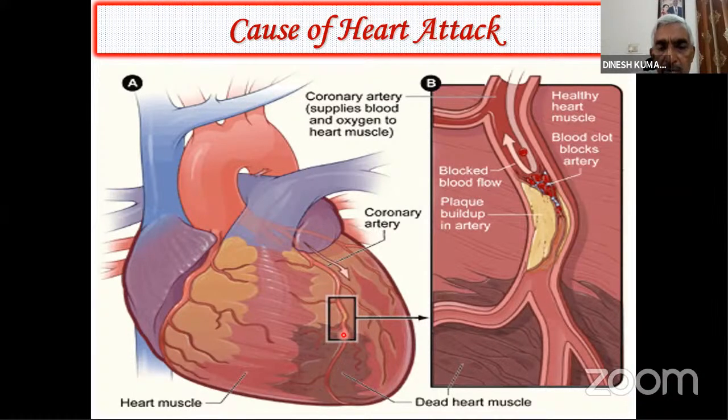In this condition, you can see a blackened area in the heart, and this is dead heart muscle due to lack of oxygen supply. So what happens in a heart attack? There is no supply of oxygen because of the blockage, and these cells die.